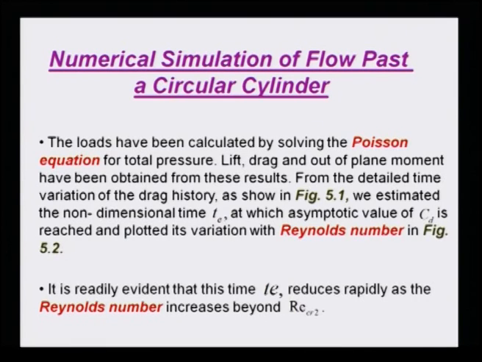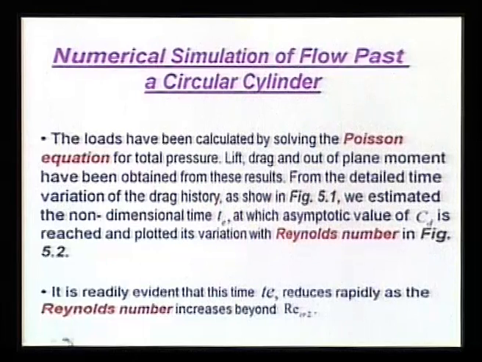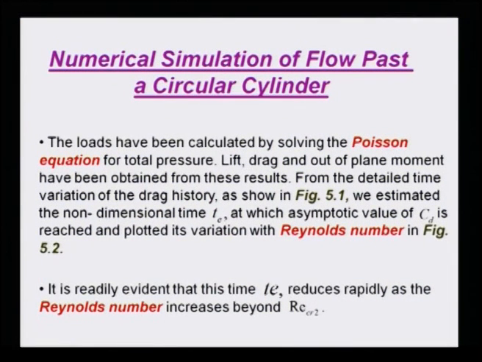However, when you actually calculate the load by solving the Poisson equation for total pressure, that is nothing but a statement of energy conservation. So in this approach we are in a sense also satisfying energy conservation, and this is something that needs to be fairly well understood.